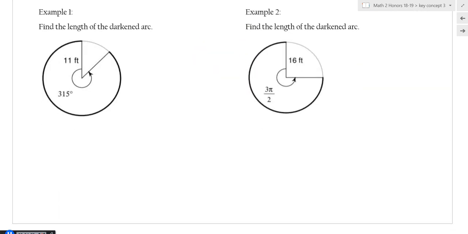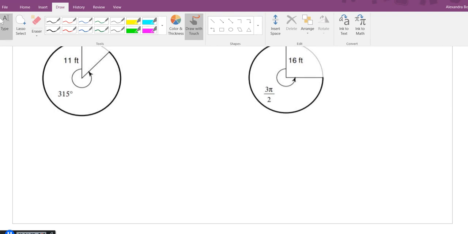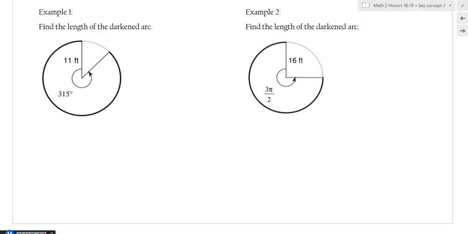Find the length of the darkened arc. Okay. So the easier way, the arc length equals theta, your angle, over 360 degrees, the part over the whole, times your circumference, which is 2 pi r.